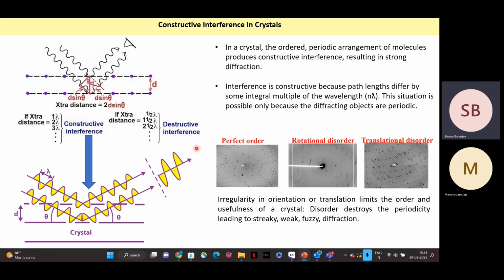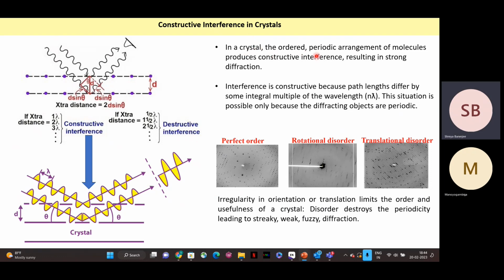So in case of constructive interference, your intensity increases, shown by the increase in amplitude, and that is why from a crystal you will get many such X-rays which have constructive interference, and the overall intensity of your X-ray diffraction pattern will increase.